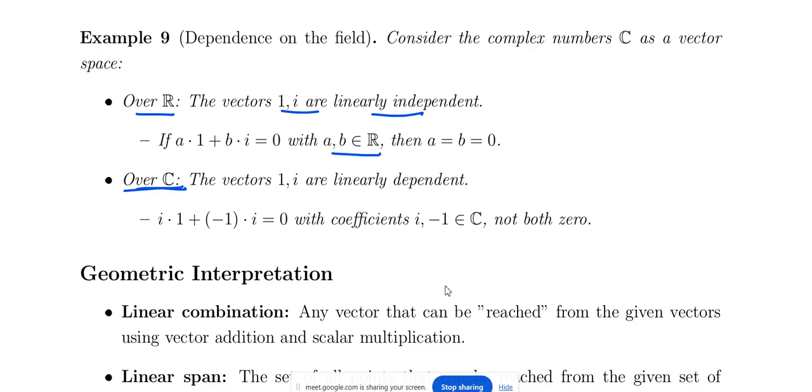So the same vectors 1 and i are linearly independent over R, but over the field C they are linearly dependent. That is very important.